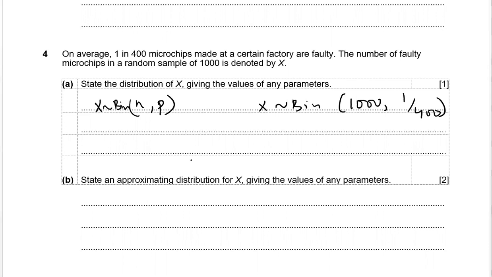So we then approximate this with Poisson, and it has only one variable, right? Poisson has one variable, that is the mean, right? So this is mean NP, 1000 into 1 upon 400. This is coming 2.5.